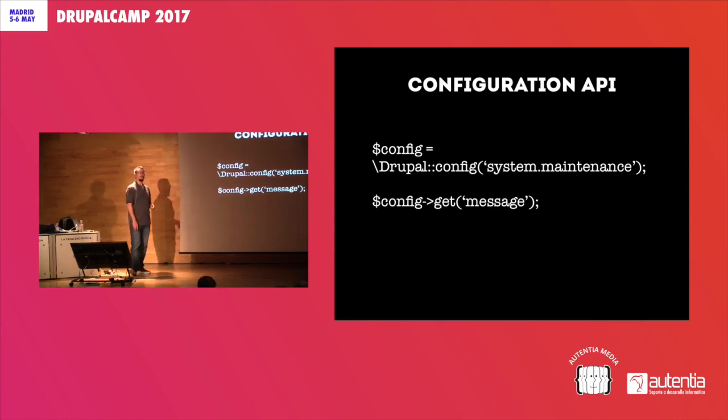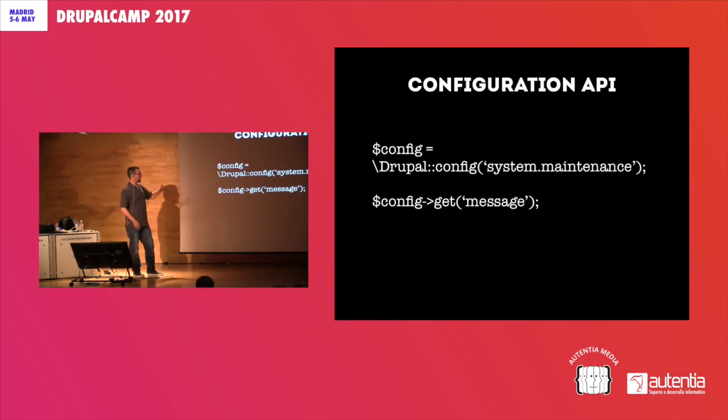How do we load our configuration from the API? So we have the Drupal config method, and this will load the system maintenance configuration, and you get the message, and this will apply all the translation, all the overrides, like the languages are actually config overrides.